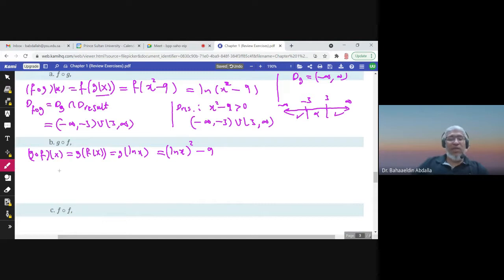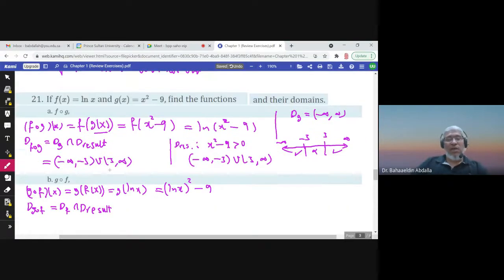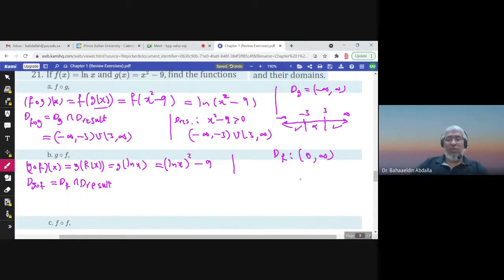Now the domain of g circle f, as we know, is equal to the domain of f, the second one, intersection the domain of the result. Well, f is ln x. So for the domain of f, x should be greater than 0 because we have ln x, so the domain is from 0 to infinity.